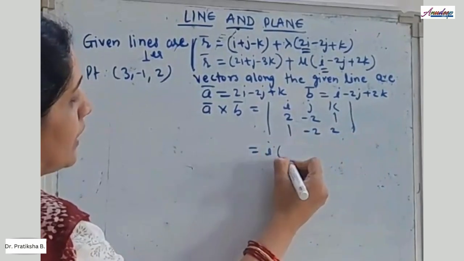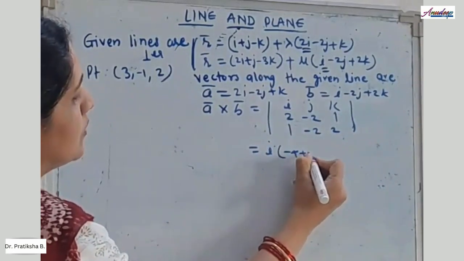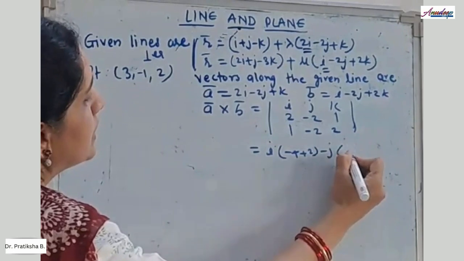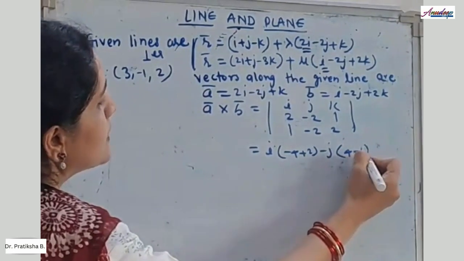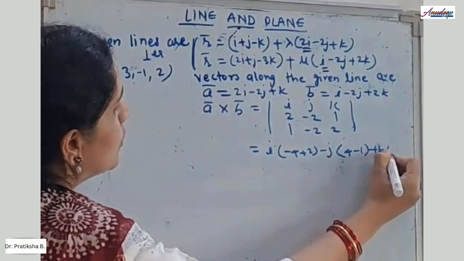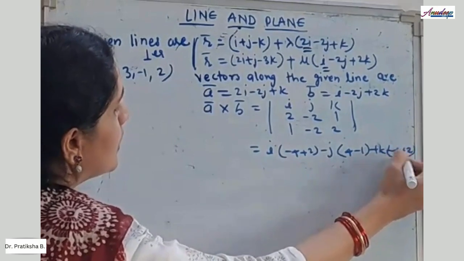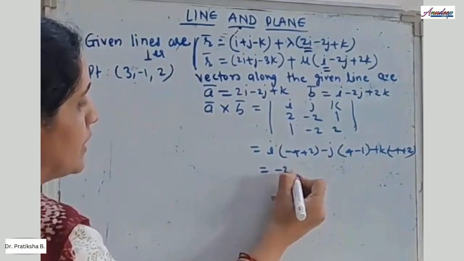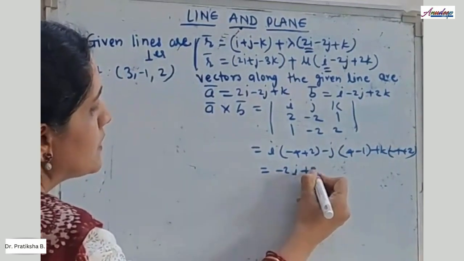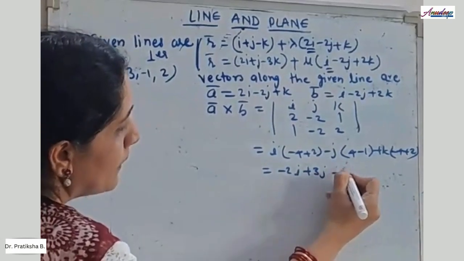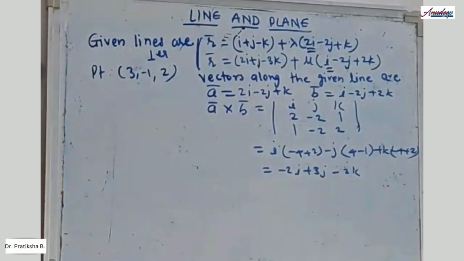That is equal to i into minus 4 plus 2, minus j into 4 minus 1, plus k into minus 4 plus 2, which is equal to minus 2i minus 3j minus 2k.